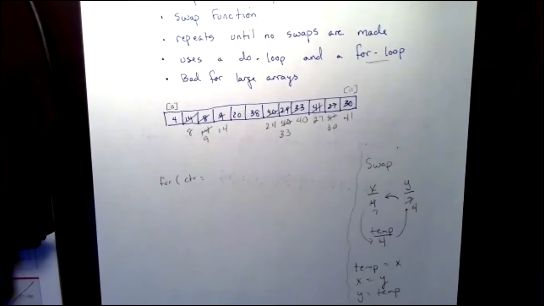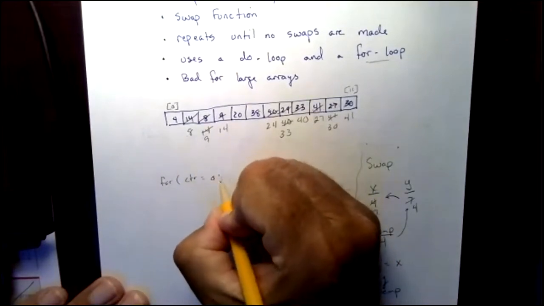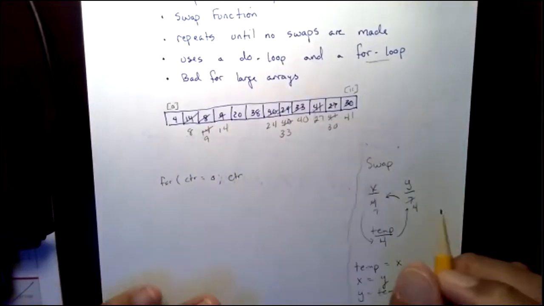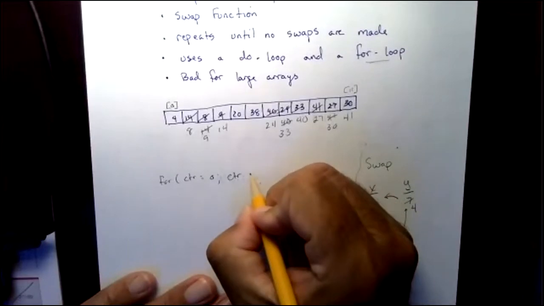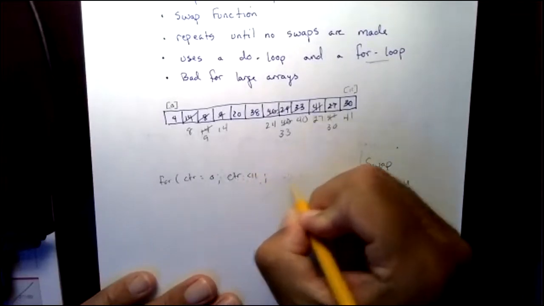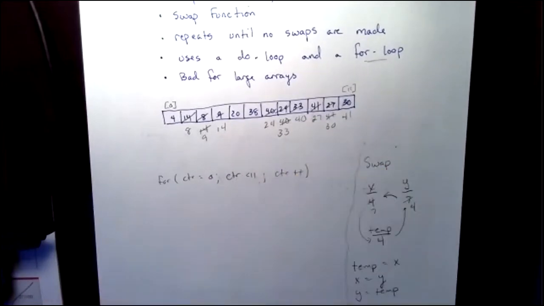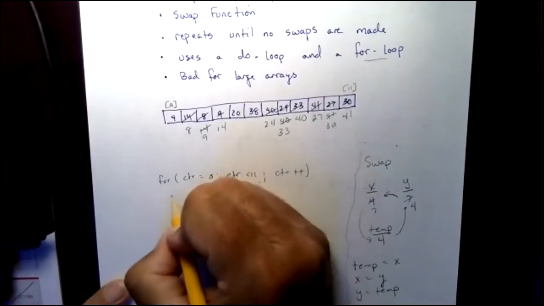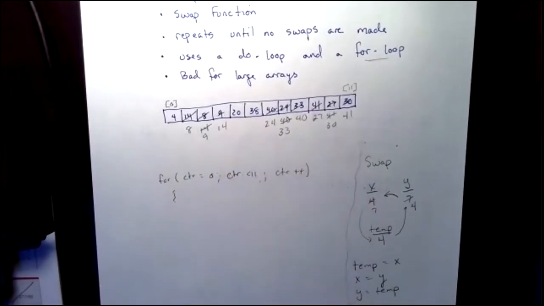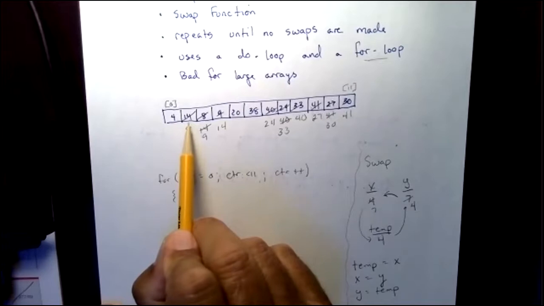So give me an idea for my for loop. For counter equals 0. Yep. Counter is less than 11. Okay. And then it'd be counter plus plus. All right, I'm good with that. Inside of here, what was going on? Well, I compared this value to this value.